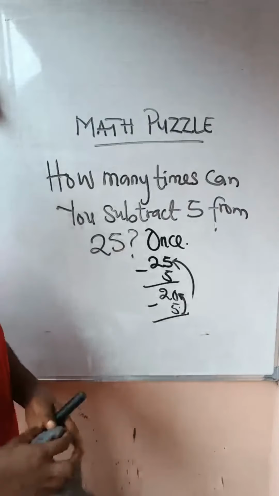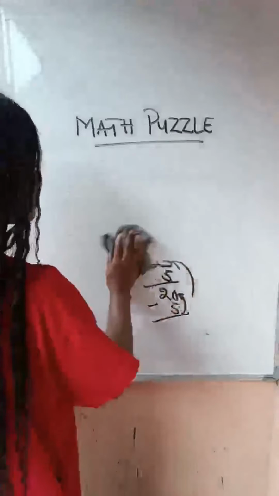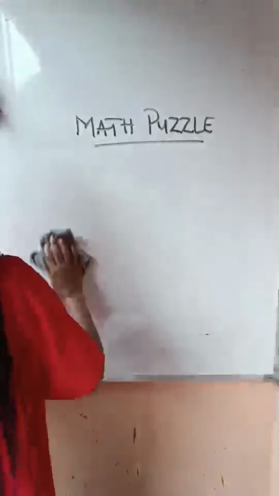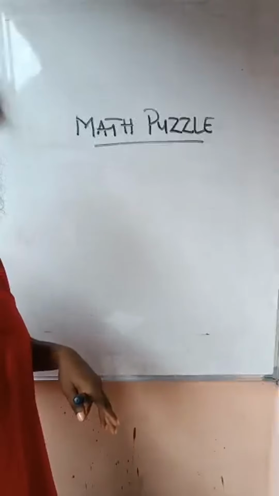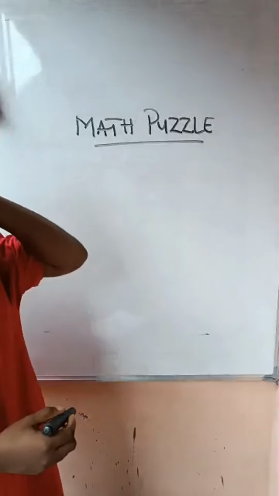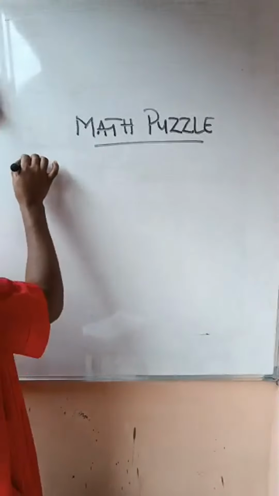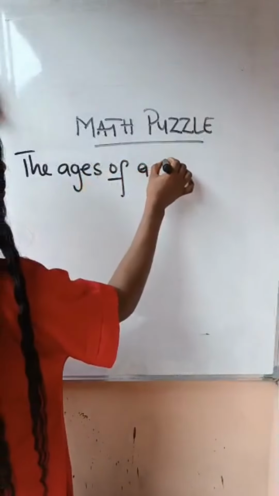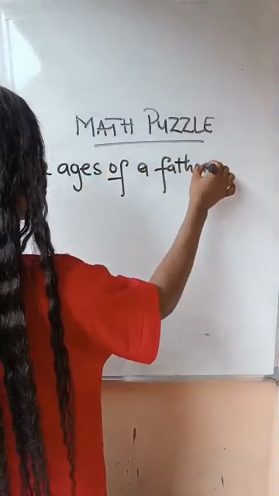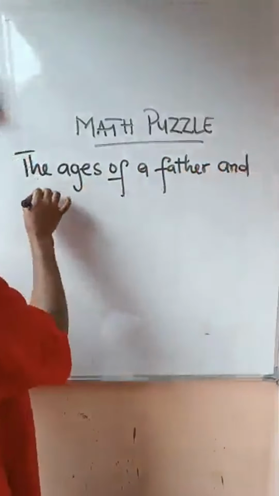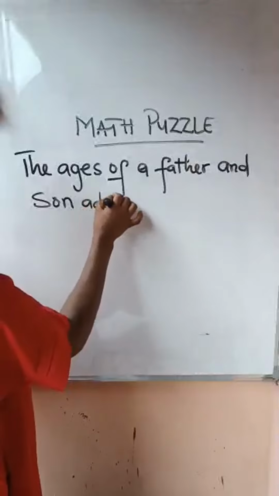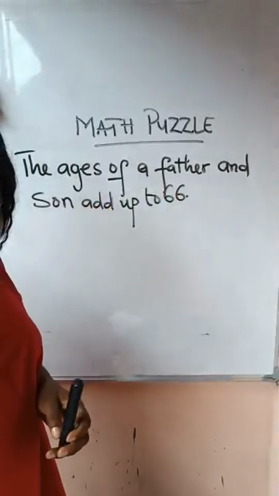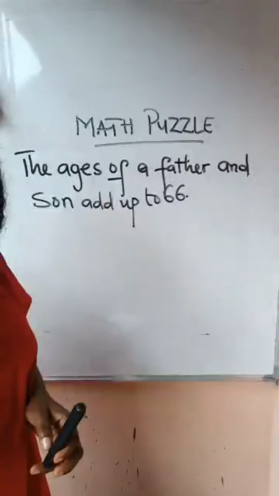Another question. Now, another question says, the ages of a father and son add up to 66.